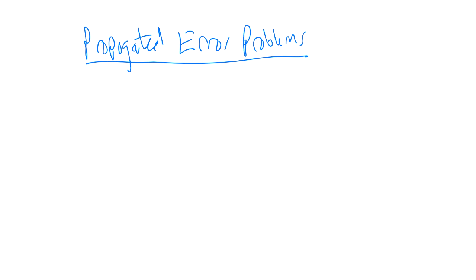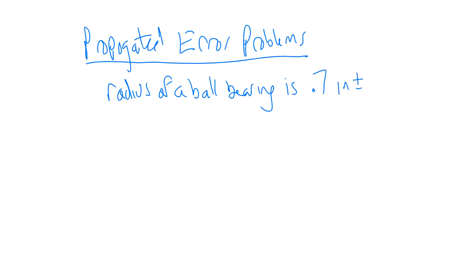So let's say, here's an example. The radius of a ball bearing, the little metal balls, and you have them of different sizes. So let's say you're talking about one that has a radius of 0.7 inches, but it's often given with a plus or minus. This is an error. And that's because when a factory is manufacturing ball bearings, they aren't all 100% exactly alike.